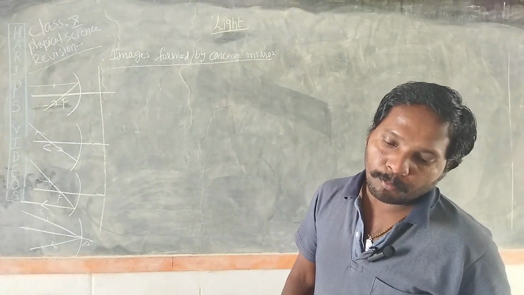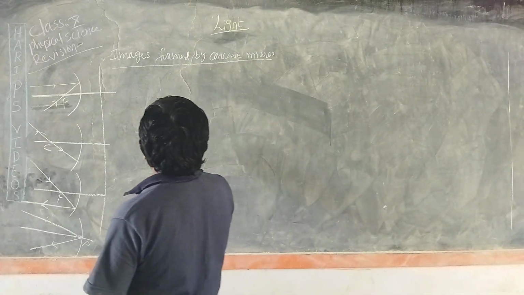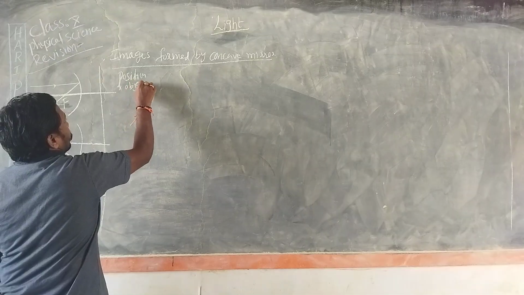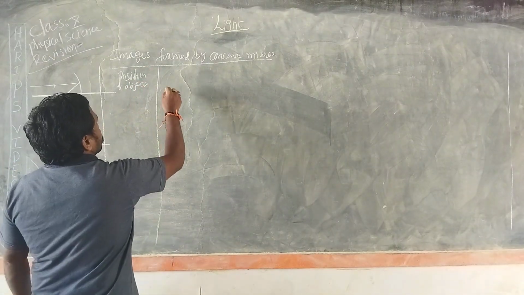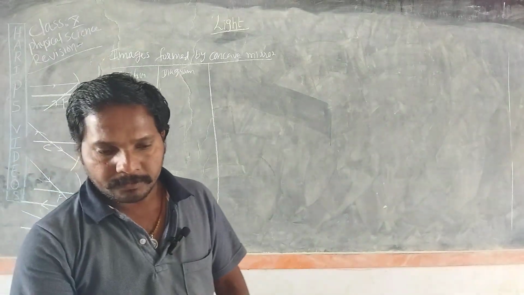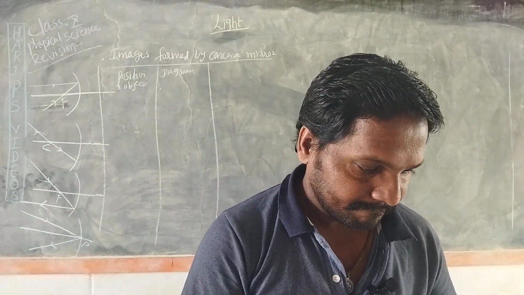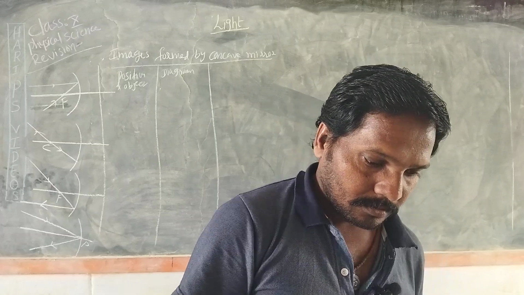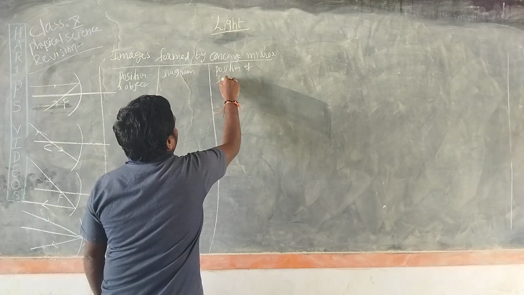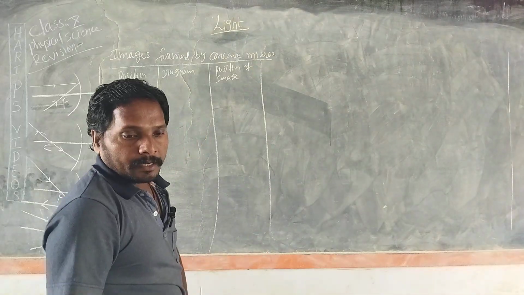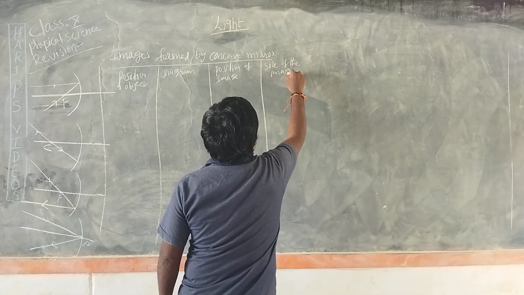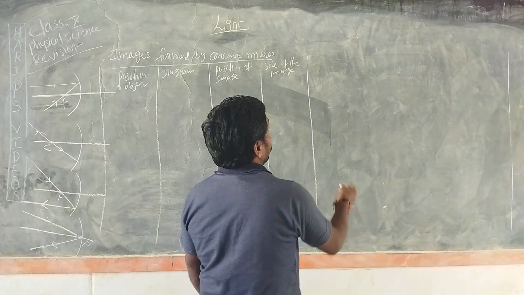If the object is placed between pole and focus: position of object, then diagram, position of the image where it is formed, then size of the image, then nature of the image.